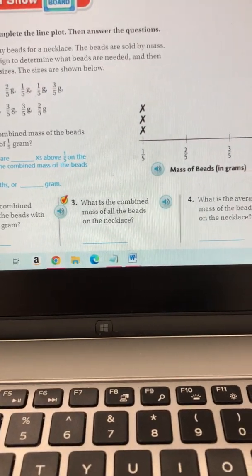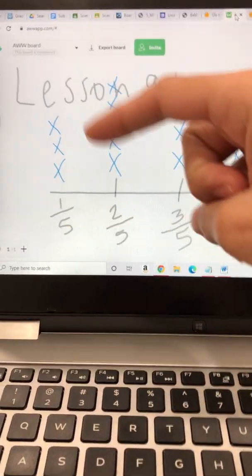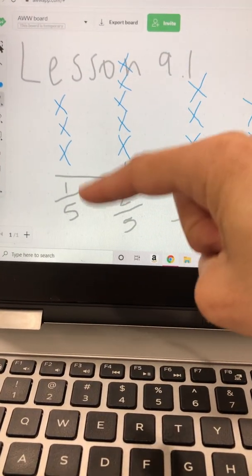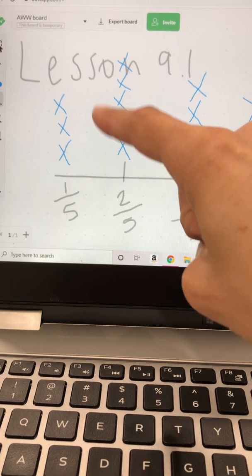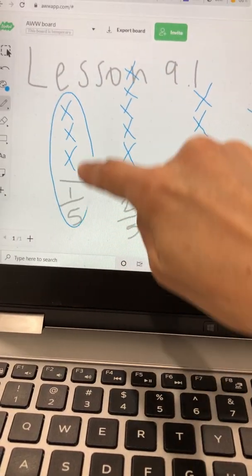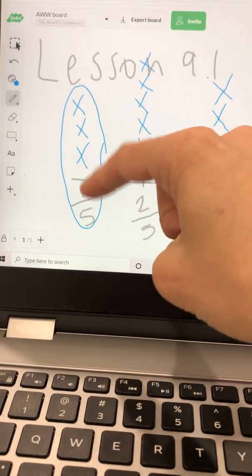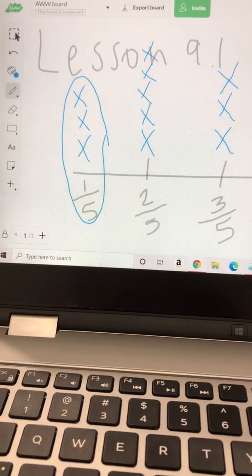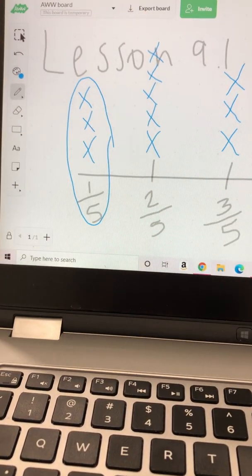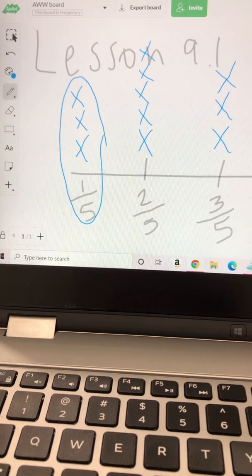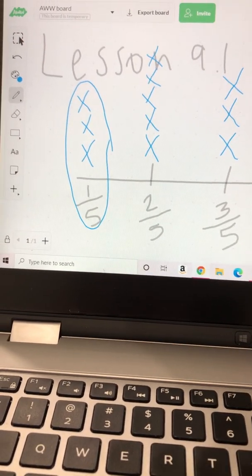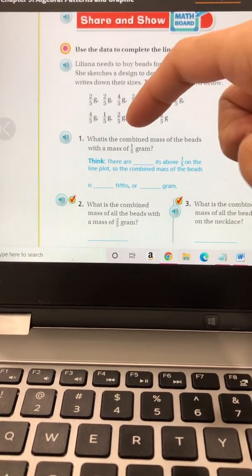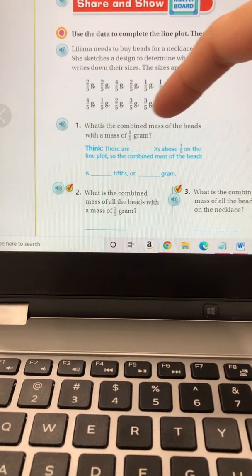And they specifically want for 1/5. So what is a combined mass for the beads that weigh 1/5? We cannot put 3, because if I put 3, I'm simply saying there are 3 beads that weigh 1/5, and that's not what they want. The question is asking for the combined mass of those beads.